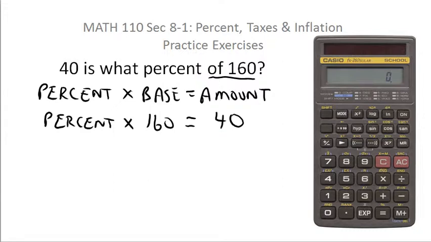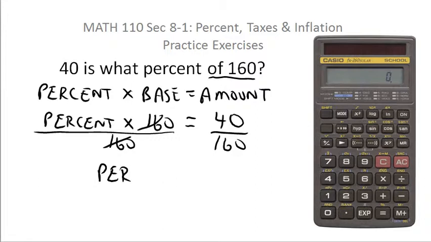So to get percent, I need to divide both sides of this equation by 160. And that tells me then that the percent is 40 divided by 160. Now on the calculator, I simply take 40 divided by 160 equals.